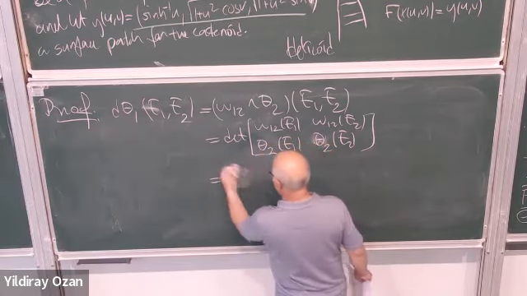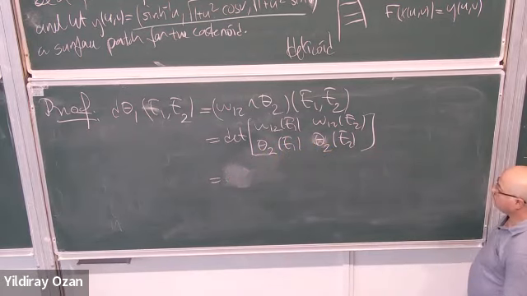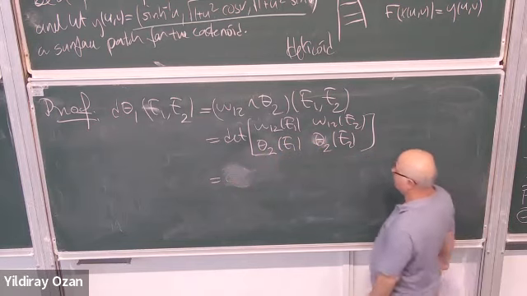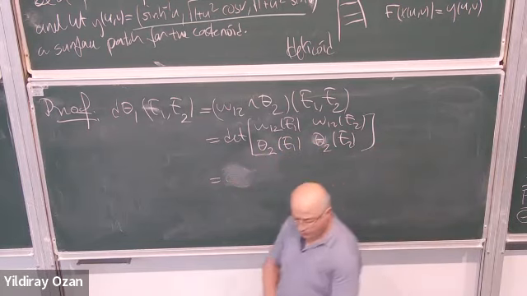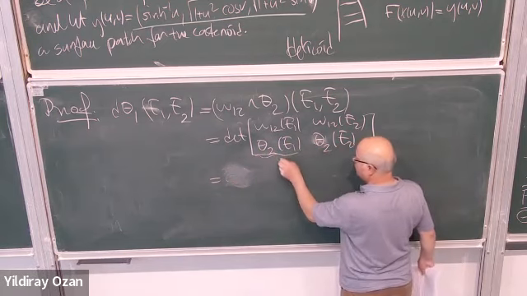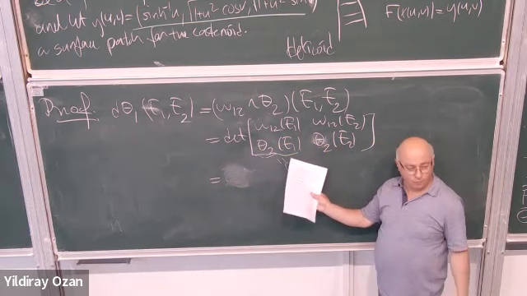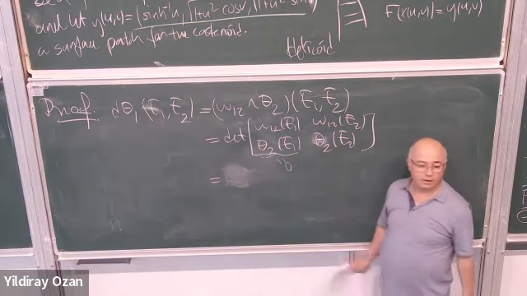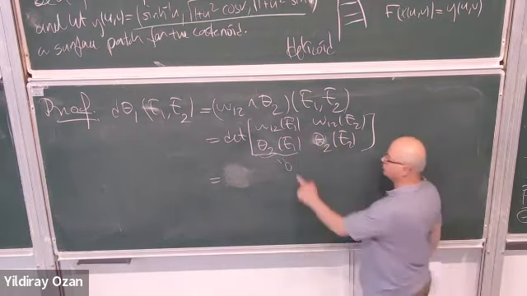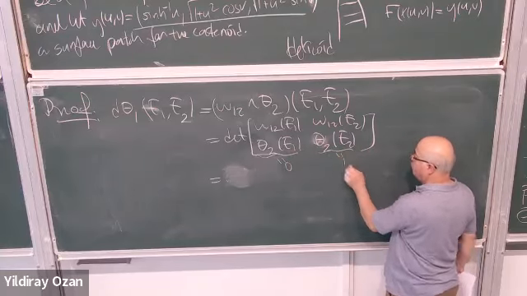Okay, so what is the determinant? Yeah, but maybe before we take the determinant, let's see that this is 0 because θ is the dual basis for this frame, and this is just 1.